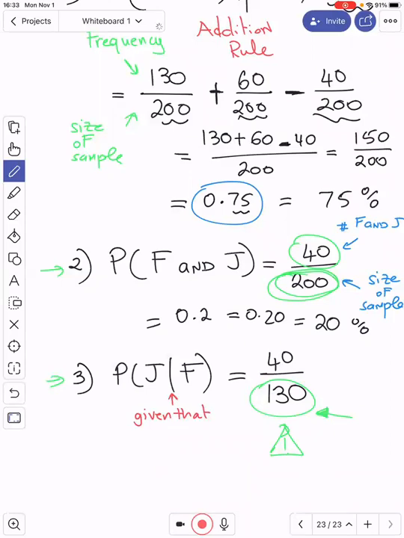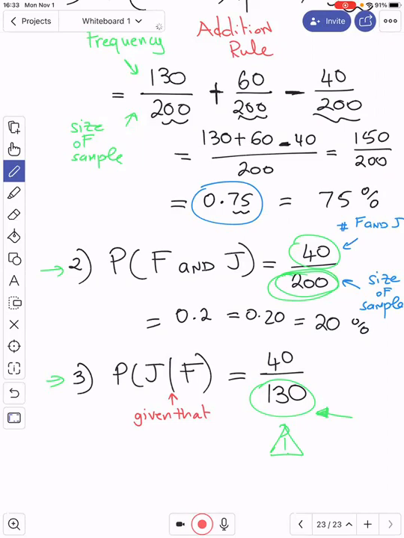I hope this makes sense, because this is kind of tricky. It sounds like they're the same, but they are not. In number 2, we are looking for the probability that the selected student is a female and junior, so we don't know for a fact that the student is a female.